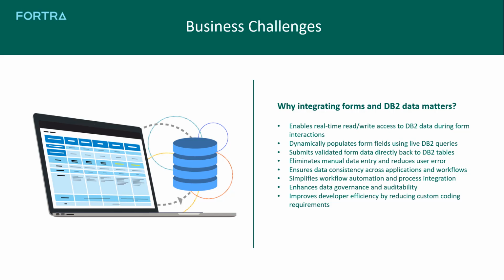Improved consistency: data entered into a form is instantly aligned with your DB2 environment, so it can validate certain data as we go through the process, helping ensure integrity across the business systems. Automation ready: it makes it easier to integrate with workflow engines and also RPA tools to be more of a data-driven process.